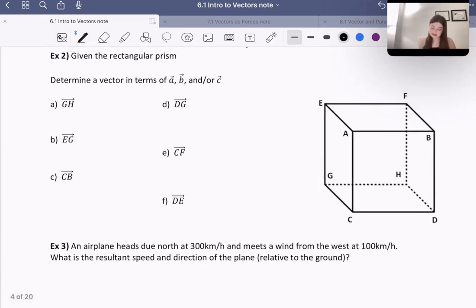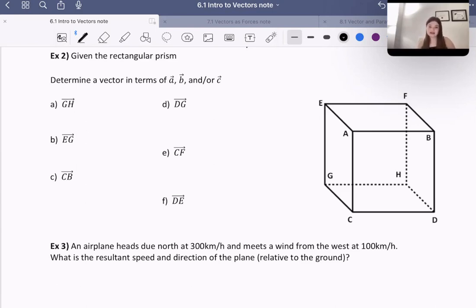Here's another example. It says, given the rectangular prism, determine a vector in terms of A, B, and C for each of these. So again, there are going to be multiple answers. There's not just going to be one answer for a lot of them. Okay.